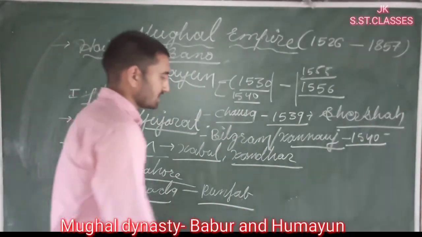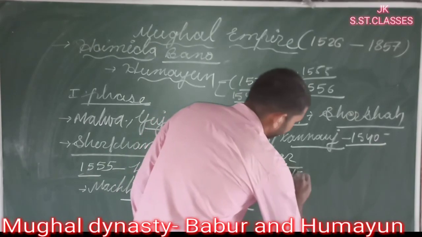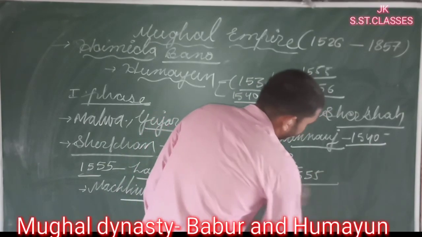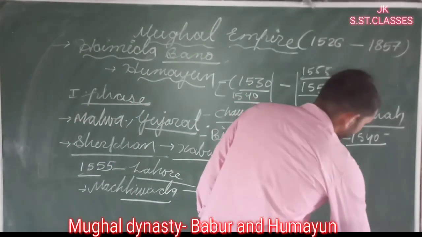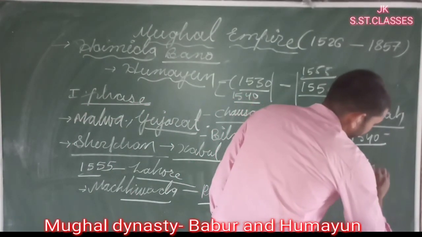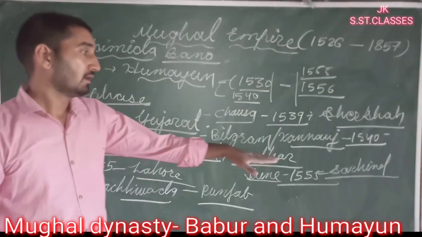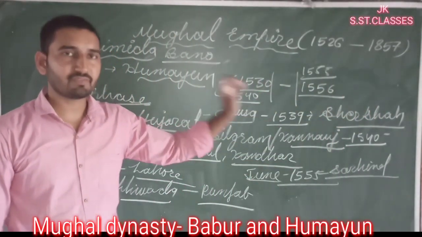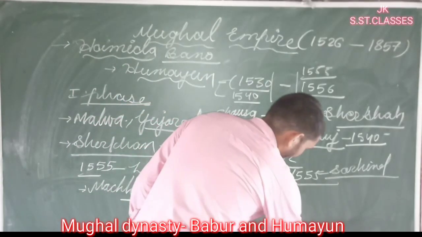Then again the Afghans were defeated by Humayun in June 1555, in the Battle of Sirhind, where the Afghans were led by Sikandar Soore.